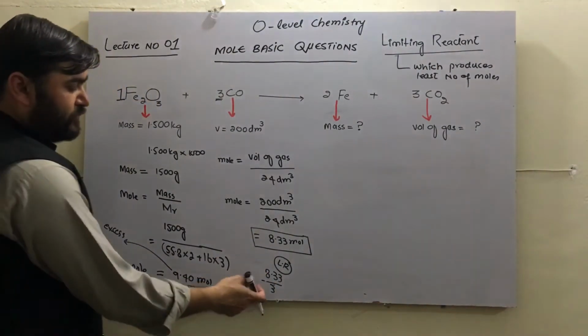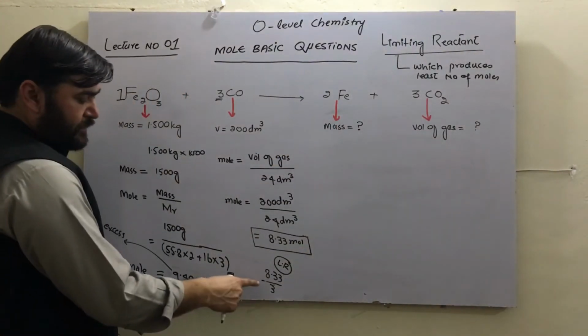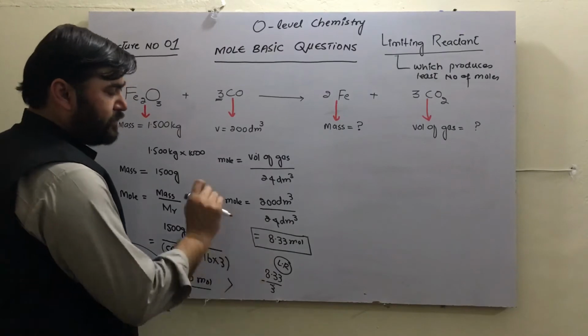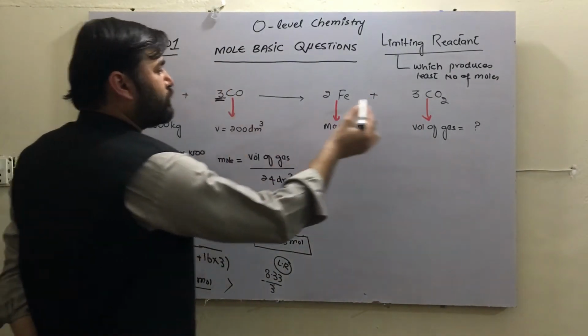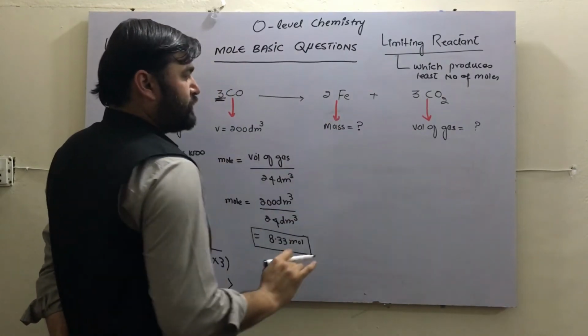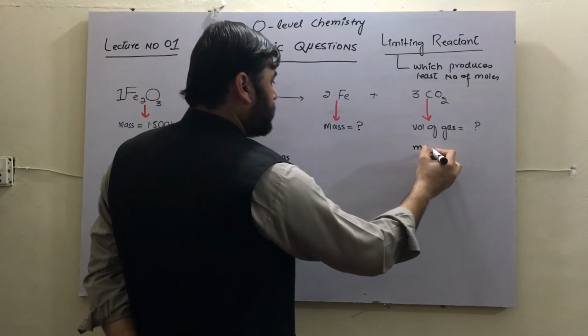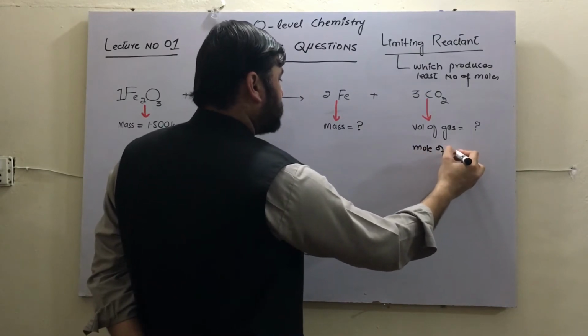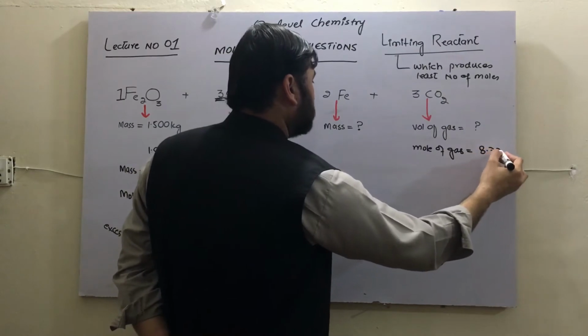So these moles will be used for this and this as well. Now see, suppose this is, what is this? This is the limiting reactant. So here for it has also 3 and it is also 3. So both the gases we have same ratio. So that's why we will be using the mole of gas for carbon dioxide, which will be 8.33.